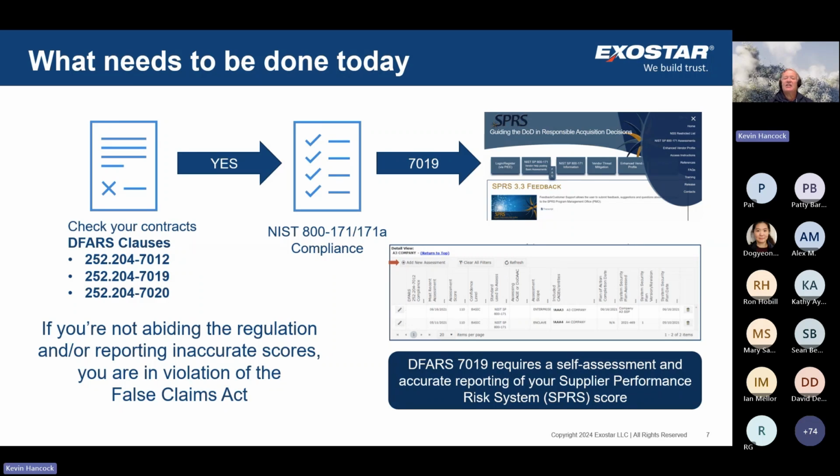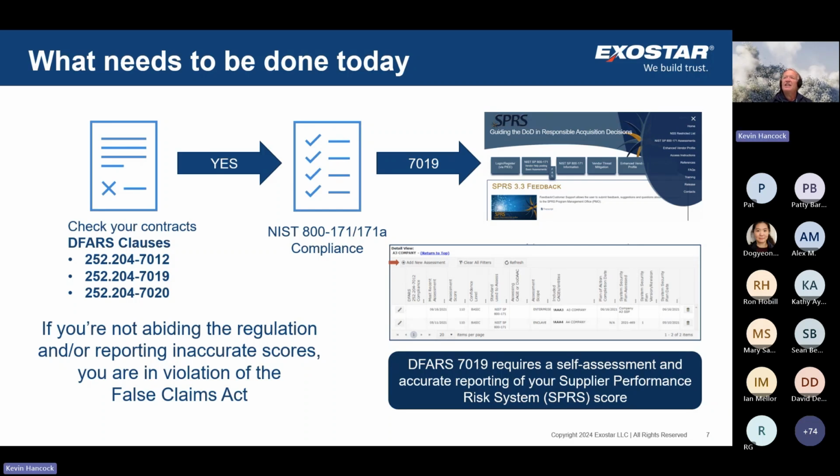If you've got the 7012 clause in your contract, you attest that you secure controlled unclassified information in accordance with NIST 800-171. It's a self-affirmation. You're allowed to have plans of action and milestones. Those are things that you need to address in those 110 controls because you haven't fully implemented them. You're allowed to manage those controls to closure, et cetera, but you've still got to have the NIST 800-171 program in place.